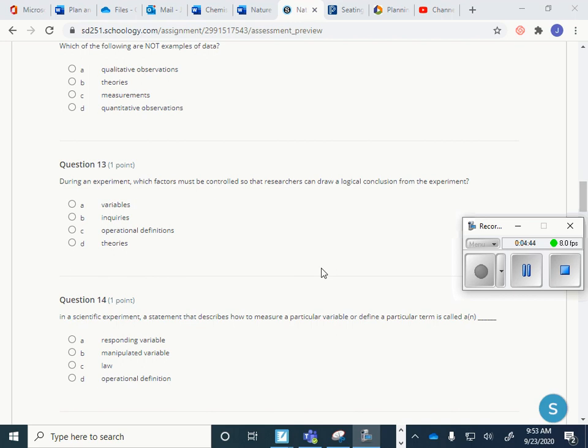Question 13. During an experiment, which factors must be controlled so that researchers can draw a logical conclusion from the experiment? Either A, variables, B, inquiries, C, operational definitions, or D, theories?